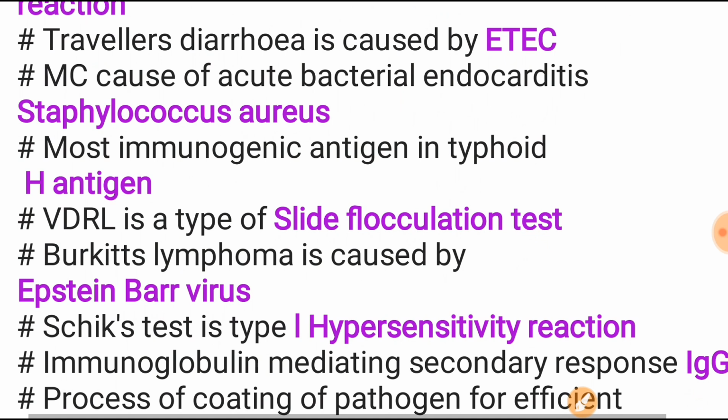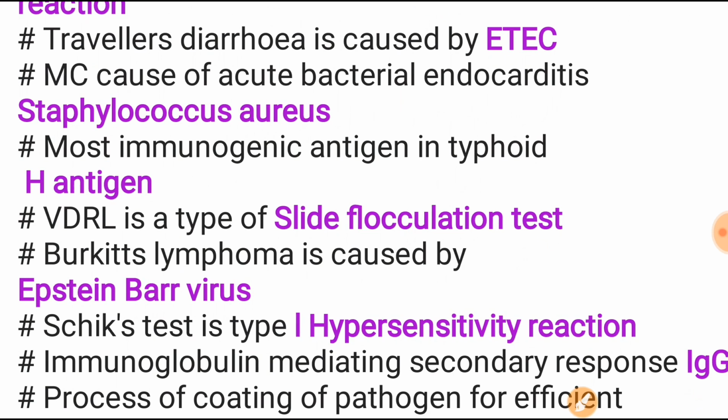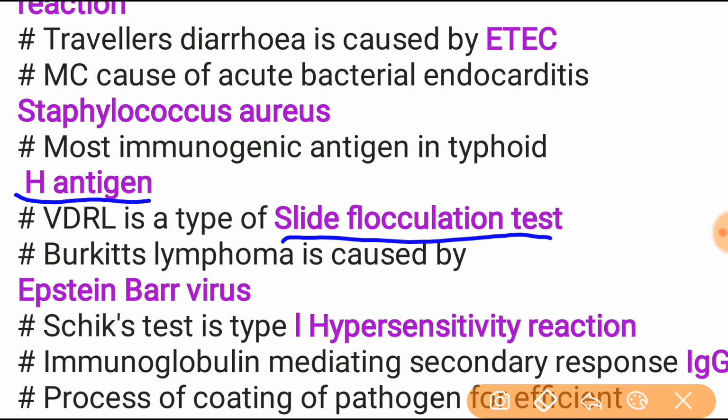The most immunogenic antigen in typhoid is the H antigen, and VDRL is a type of slide flocculation test. Burkitt lymphoma is caused by Epstein-Barr virus, and the Schick test is a type 1 hypersensitivity reaction.